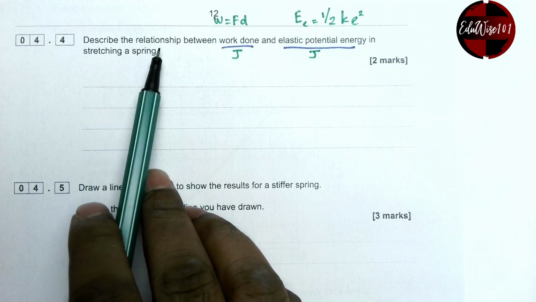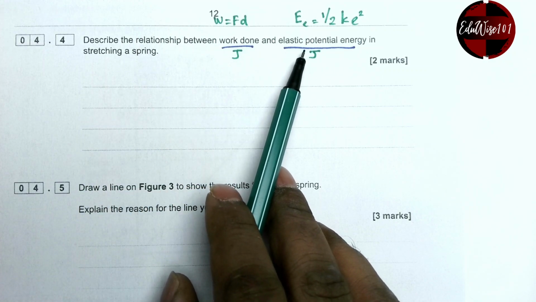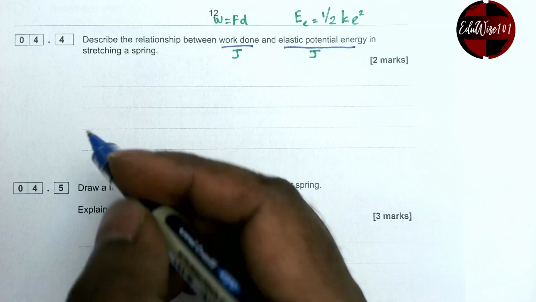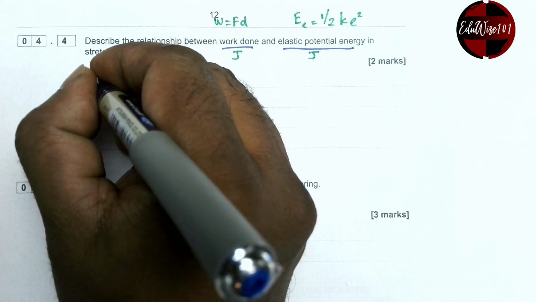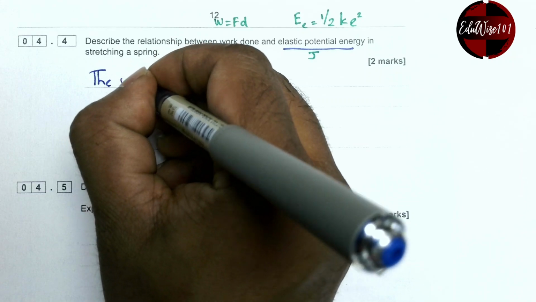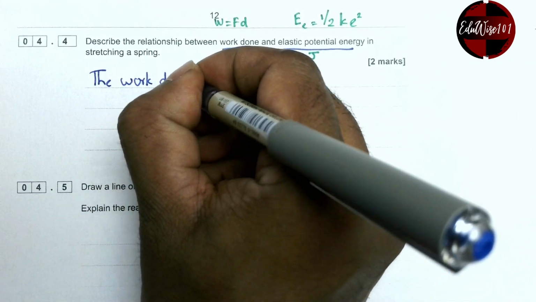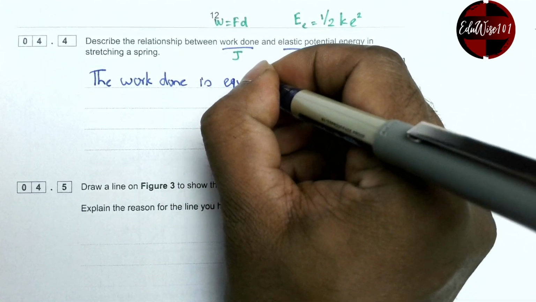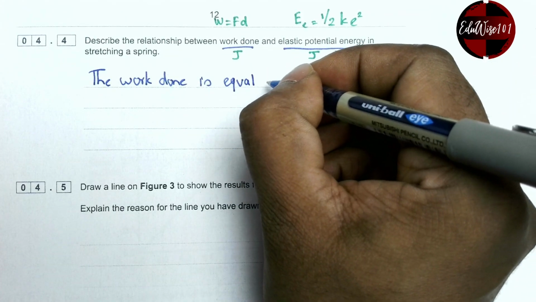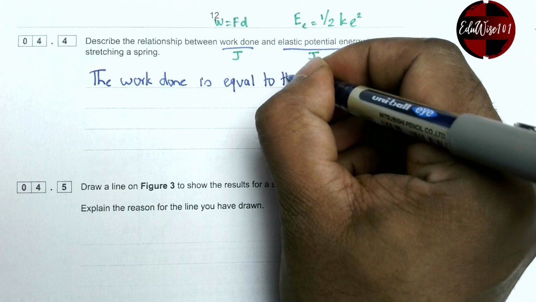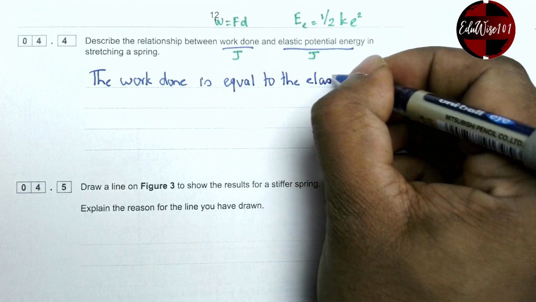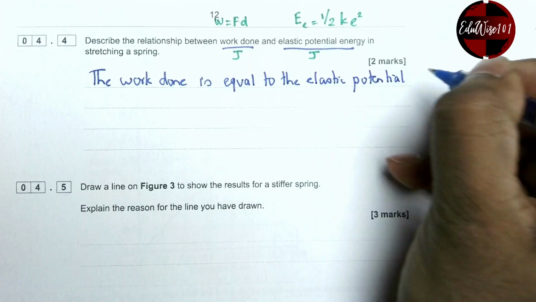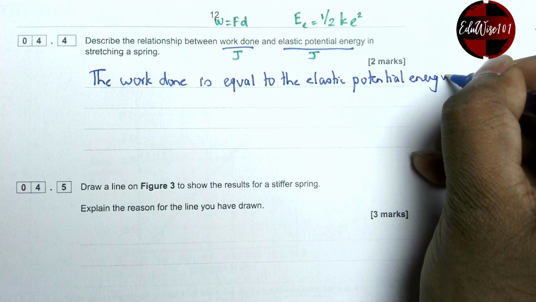So, describe the relationship between work done and elastic potential energy in stretching a spring. The work done is equal to the elastic potential energy.